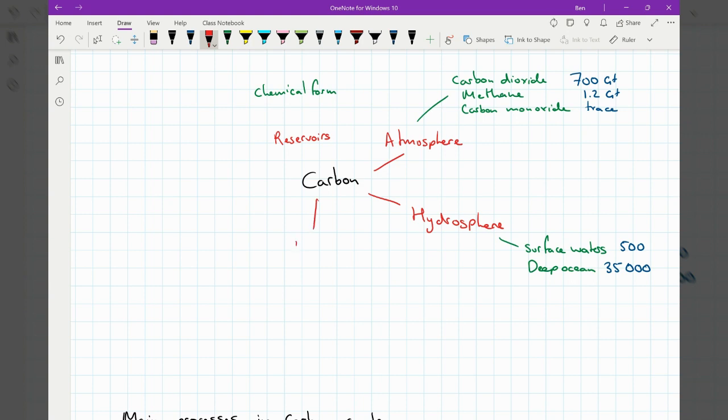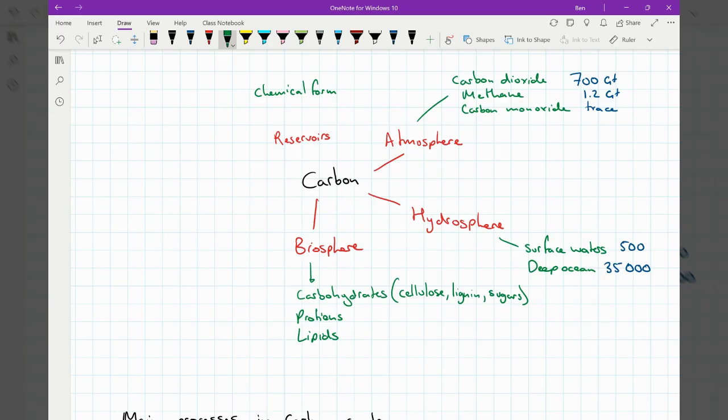Next one then is the biosphere. That's our next reservoir. And then we have things like carbohydrates. And these can be quite complex carbohydrates as well, so things like cellulose and lignin would be good examples, but also simple ones like sugars. You've got proteins and you've got lipids.